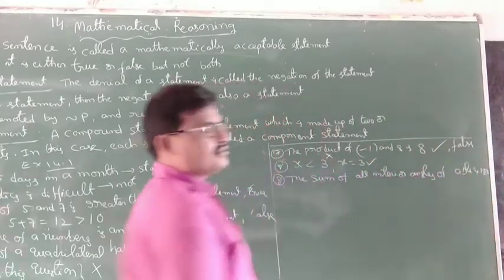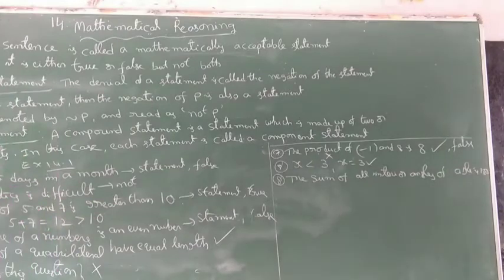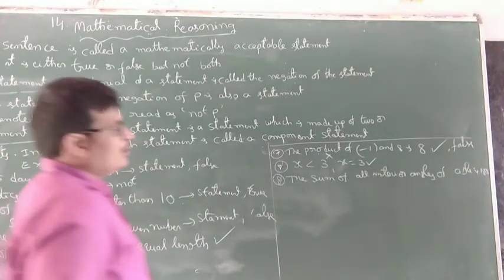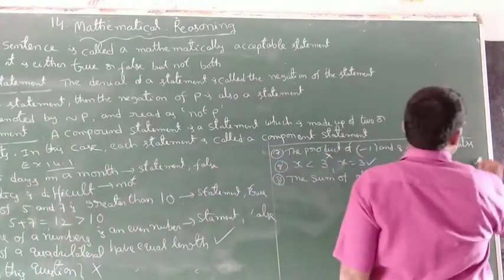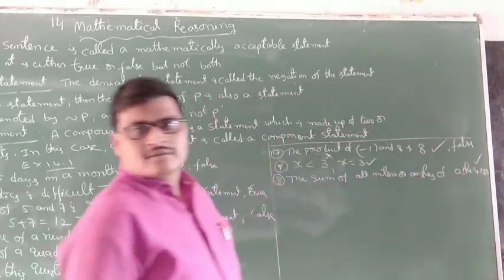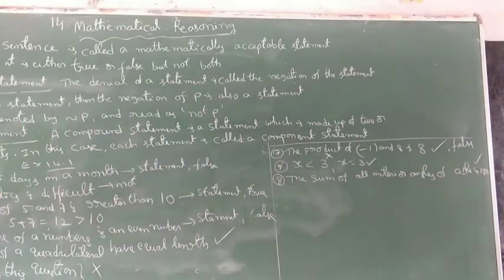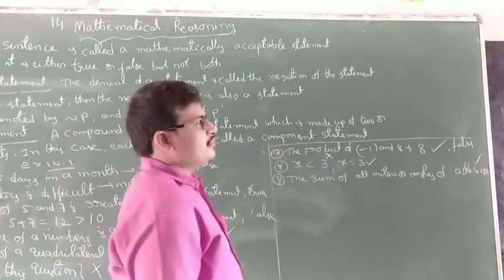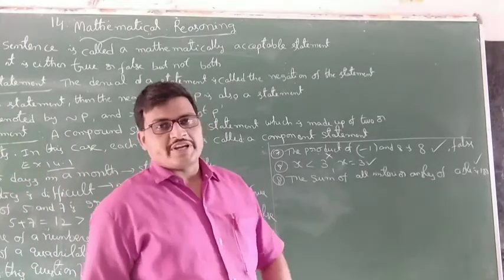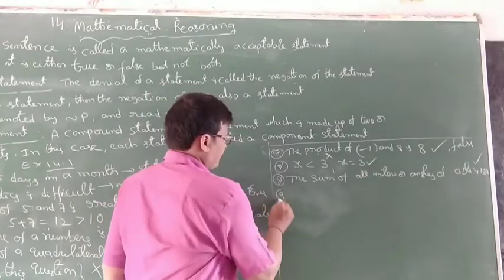Is it a statement? True or false? It is a statement, and the sum of all interior angles of a triangle is 180, so this is a statement and a true statement.